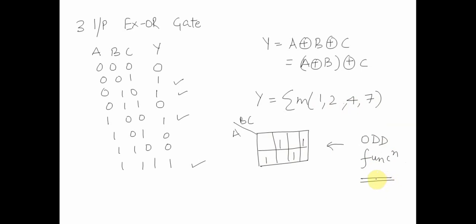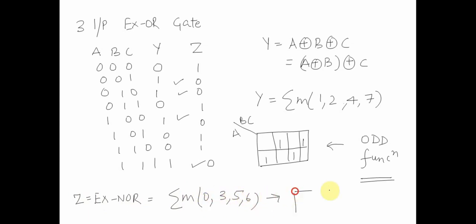Similarly, if we look at XNOR operation, right? In XNOR operation, we will have our output, let's say Z, which will be equal to 1, 0, 0, 1, 0, 1, 1, 0, where Z will be equal to XNOR, and that will be equal to summation of M of 0, 3, 5 and 6, and this is represented by the following in K-map: 0, 1, 2, 3, 4, 5, 6 and 7.